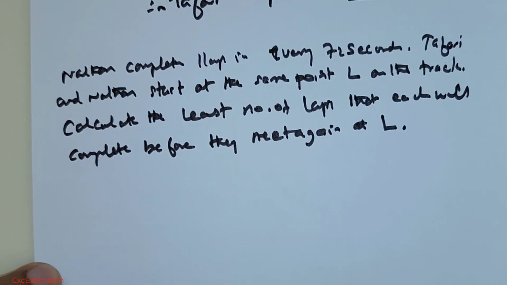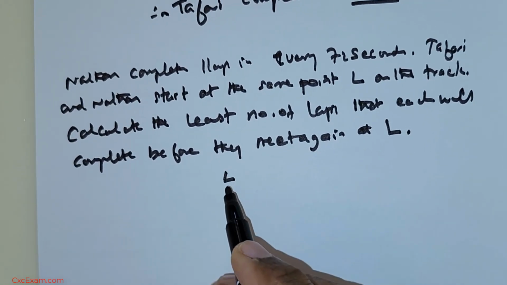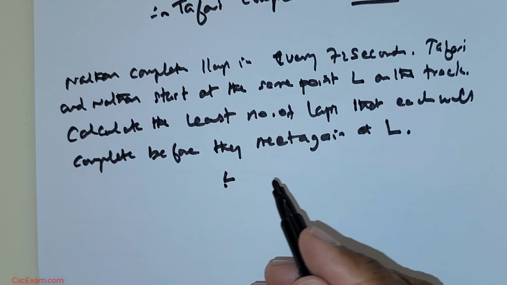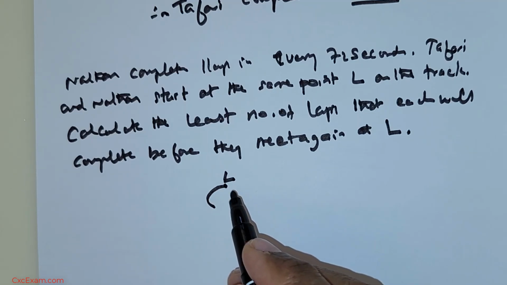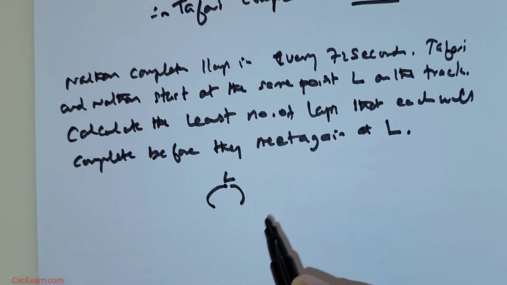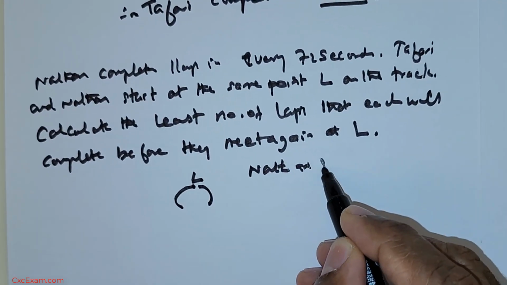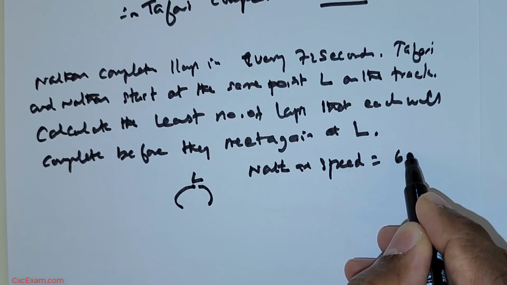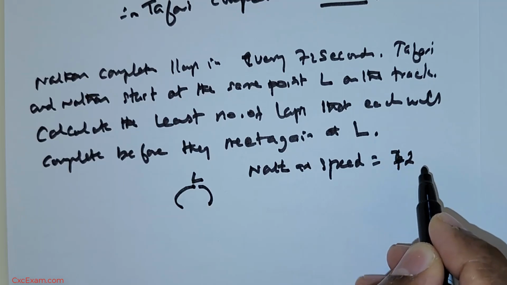So the understanding is both of them are starting at the point L. So it talks about meeting, right? One might be running in the anti-clockwise direction, the other might be running in clockwise direction. But Nathan's speed is at a rate of 72 seconds.